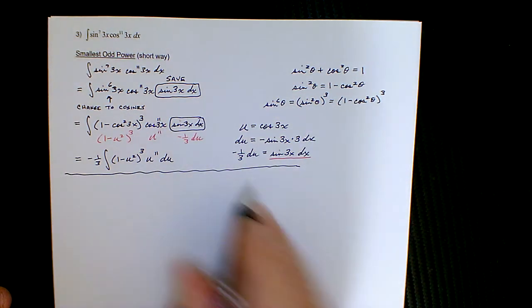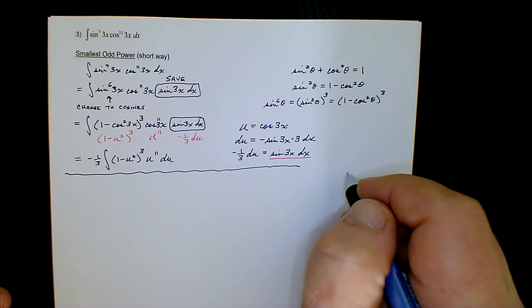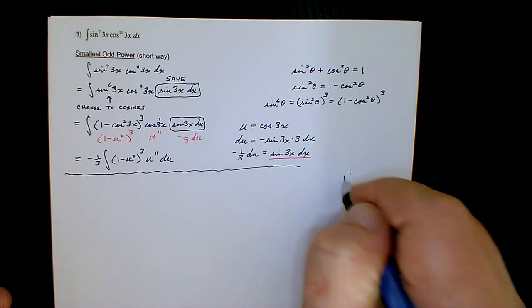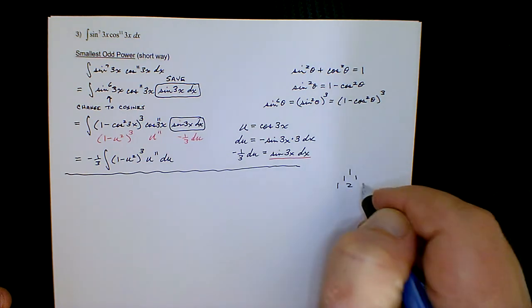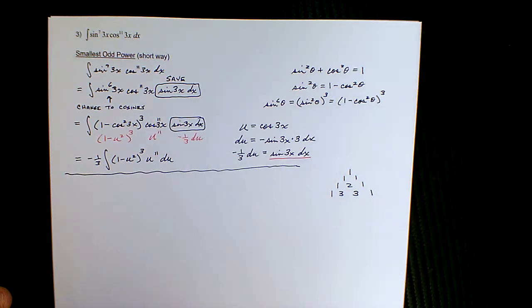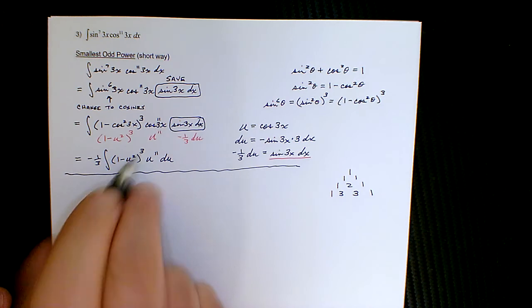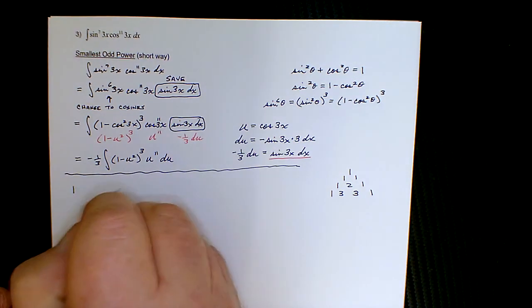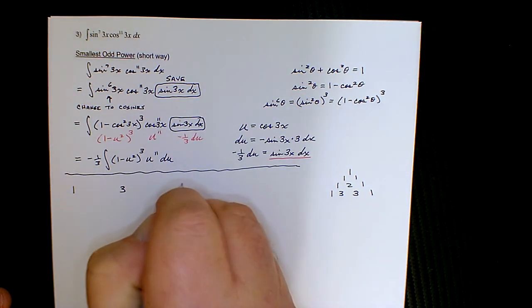I put a little wavy line there to indicate there's a little break in the integration action. We'll create Pascal's triangle to the third row. So 1, 3, 3, 1 is the power of 3. Spread out the coefficients.